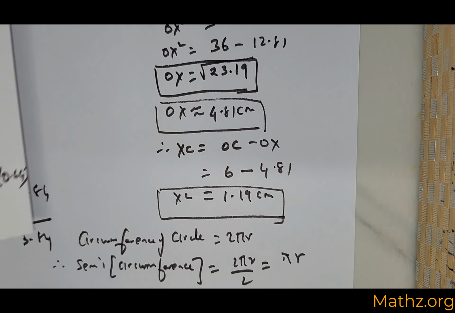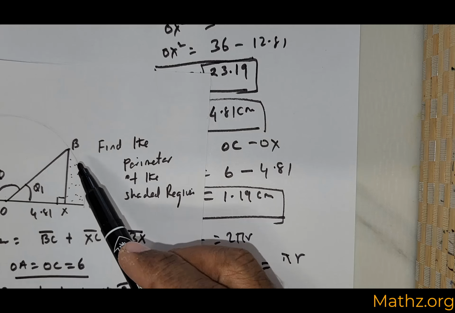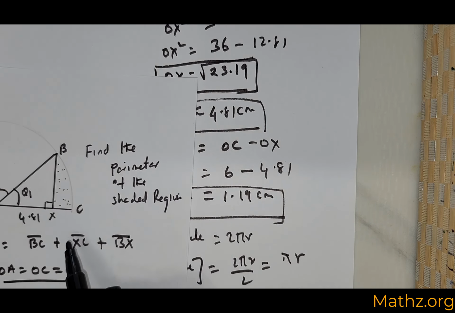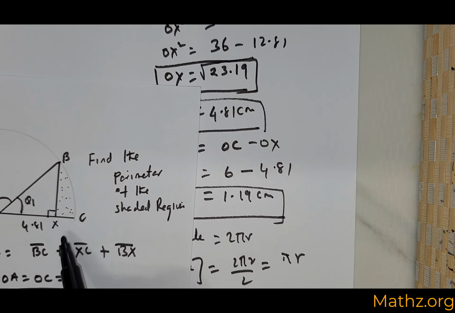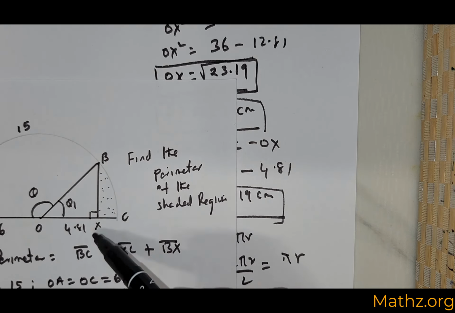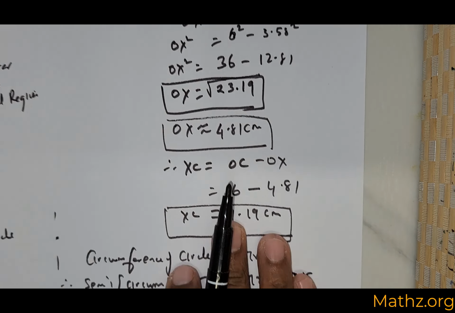So I have got everything I need. I've got BC, I've got XC, and I have also got BX. BX has already been obtained.